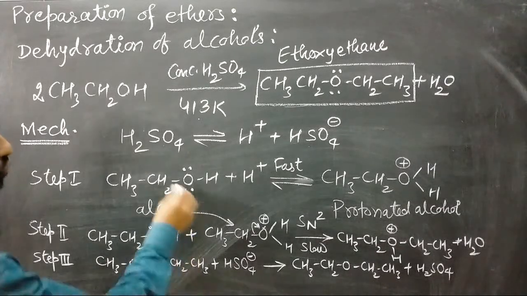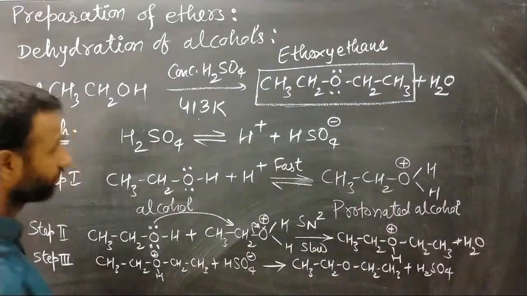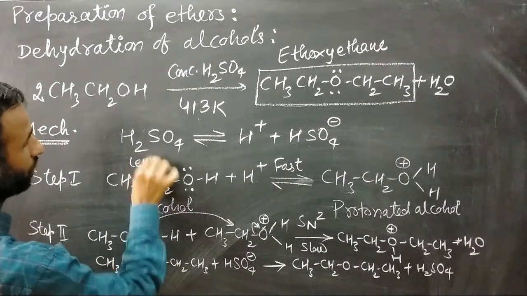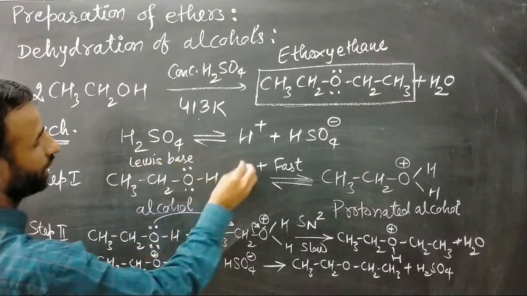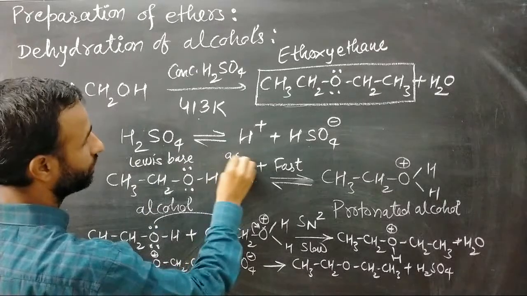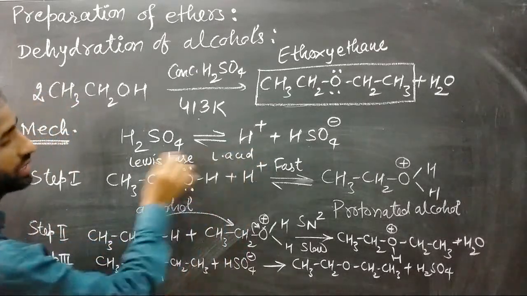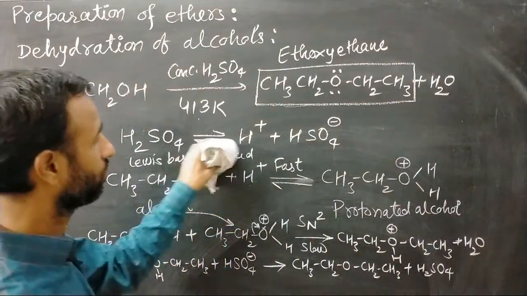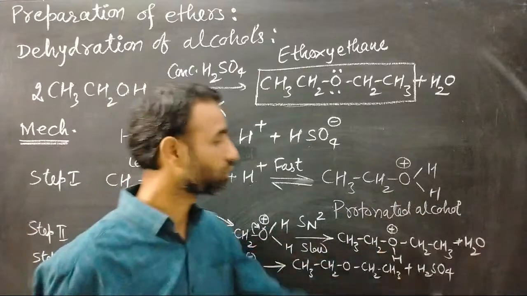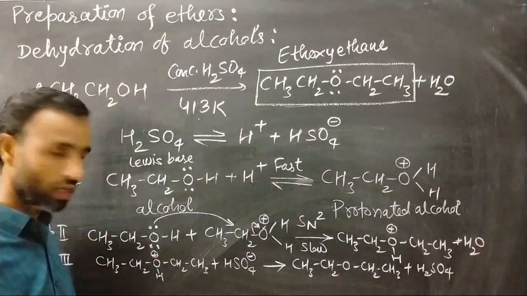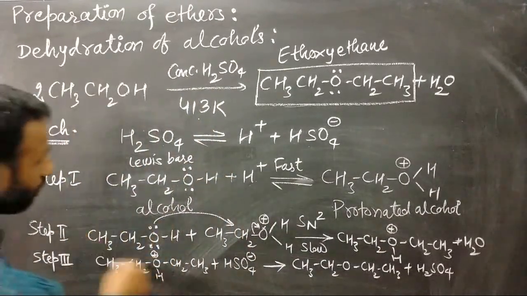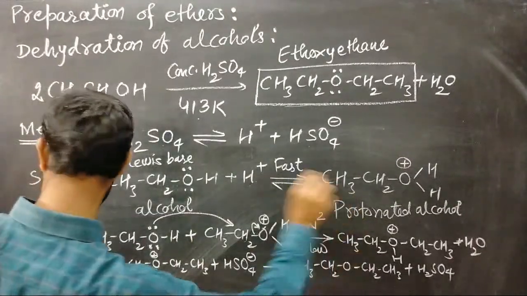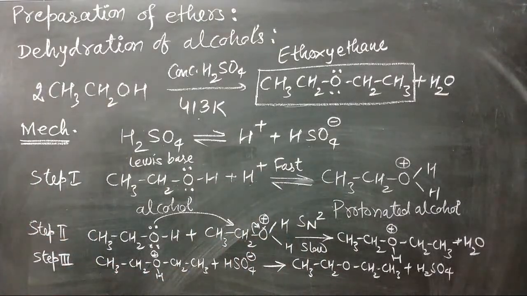See, this one is an acid-base reaction. This H plus ion is attracted, and we get protonated alcohol. And now this nucleophile attacks the protonated alcohol by SN2 mechanism, and this is the slow step.